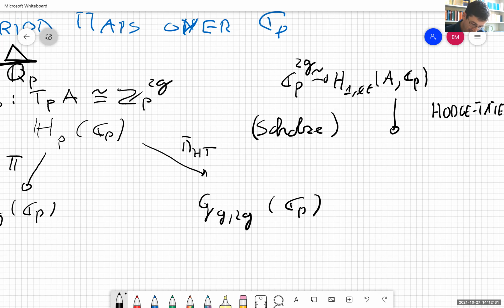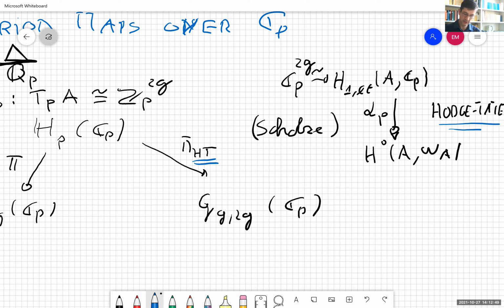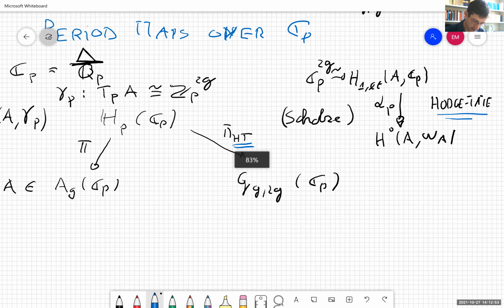decomposition, you have a map, with a slight difference from what happens over the complex numbers. And here it goes to H^0(A, Ω_A), but it's a surjective map. And this I call again α_p. And this HT is coming from the Hodge-Tate decomposition that appears over there.